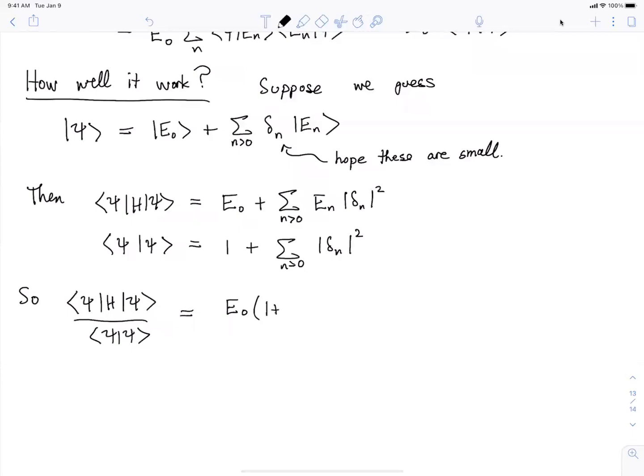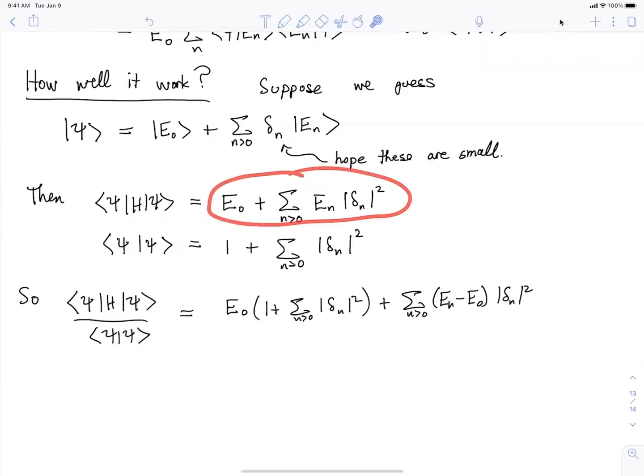So there's 1 plus the sum over n greater than 0 of delta n squared, times E0, plus the sum over n greater than 0 of En minus E0 times delta n squared. So all I've done is rewrite this, separating out the part with E0 and the part with the delta n, the En minus E0s.